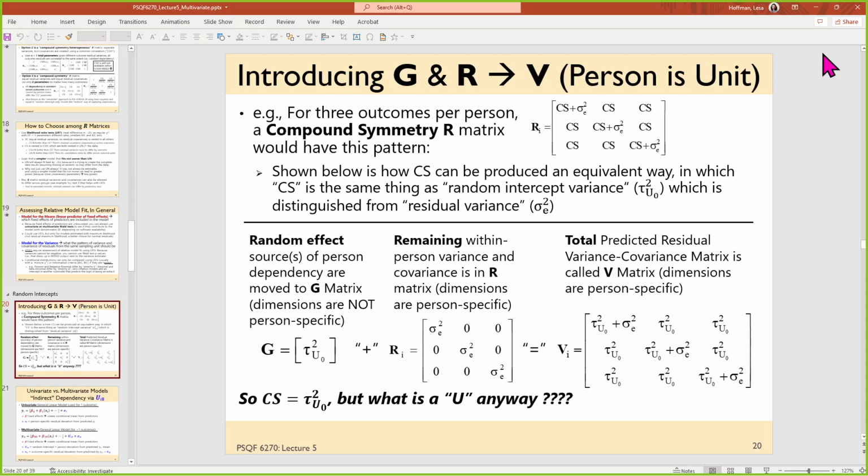So if there are residuals, let's put it that way, they are independent because all of their relationship is captured in the random intercept or random intercepts instead. So this is the indirect side. If you have multivariate normal data, it works out the same either way, but the random intercept option is the only choice if you have generalized linear models that you need, or you have unbalanced data, where you can't just say let the R matrix be what it wants, because each sampling unit would have a different R matrix structure, and that doesn't work. Great, thank you.